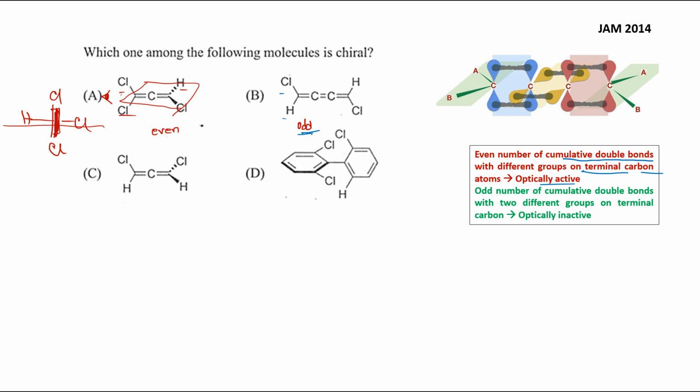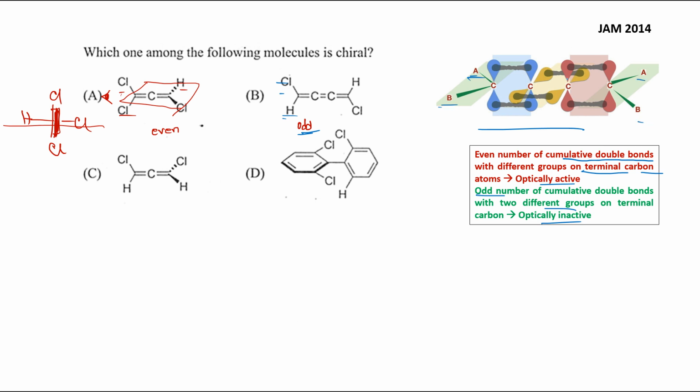But in this case we have odd. Total 3 cumulative double bonds are there. So when it is an odd number, it will ultimately not be optically active, because you will see all these 2 chlorines, 2 hydrogens, they will be in the same plane. You can compare the situation with this molecule as if A and B, H and Cl. So you can see ultimately this A and B are on the same plane.